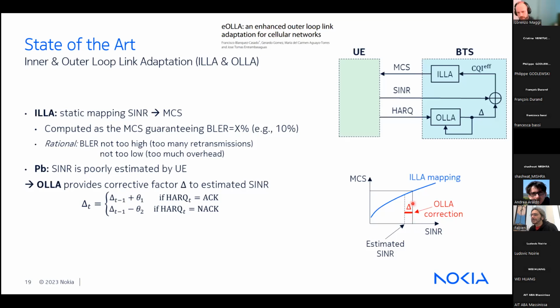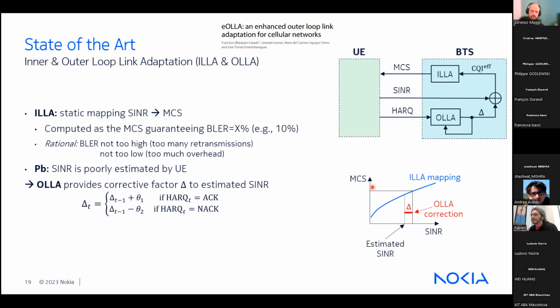For each SNR, it will tell you what is the right, quote, MCS. And this MCS is chosen not as the one that maximizes the throughput, as I showed yesterday in the last slide, but as the one that guarantees a block error rate of X%, usually 10%.